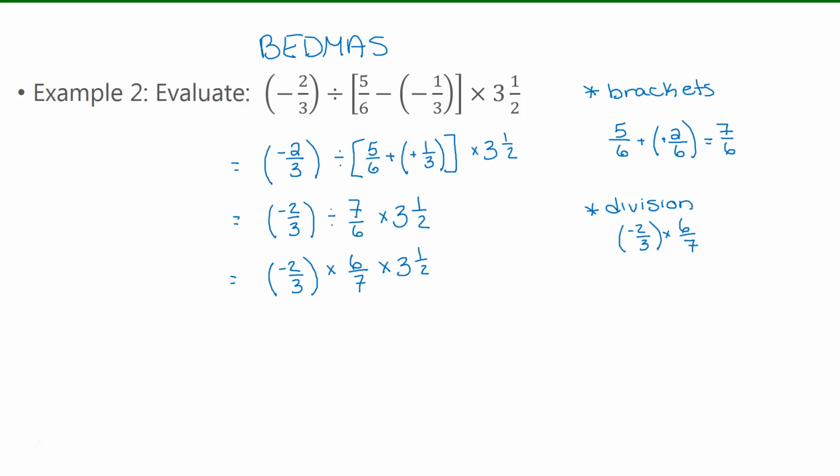And when I do that, I will look for any simplification that can occur first. Between 3 and 6, I can divide both of those numbers by 3. 3 goes into 3 once, and 3 goes into 6 twice. Now let's multiply. Negative 2 times 2, and then 1 times 7. So this becomes now negative 4 over 7 times 3 and a half.